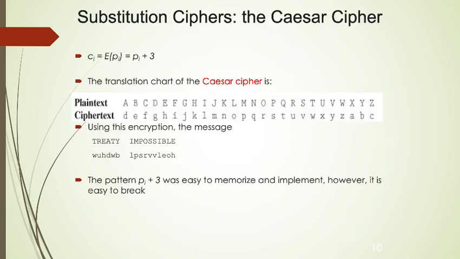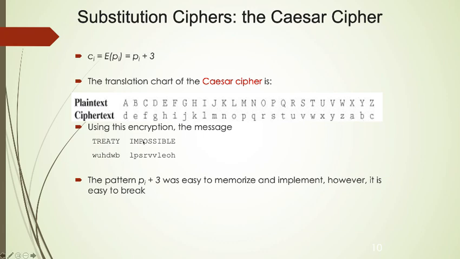The simplest form of substitution is the Caesar cipher, where we just shift the characters by a set key. And the key is just how many characters you shifted by. It's really easy to memorize and implement, but it's that much easier to break.